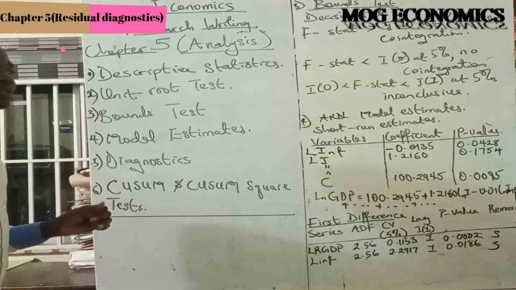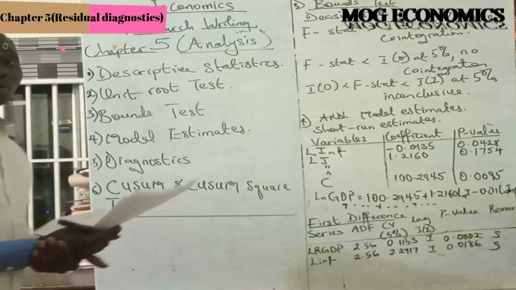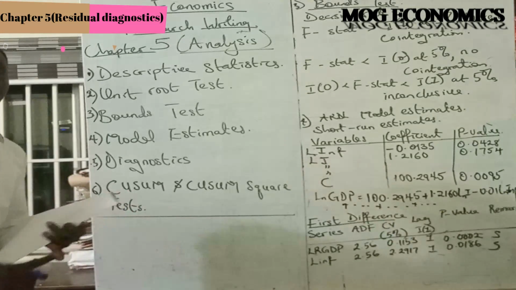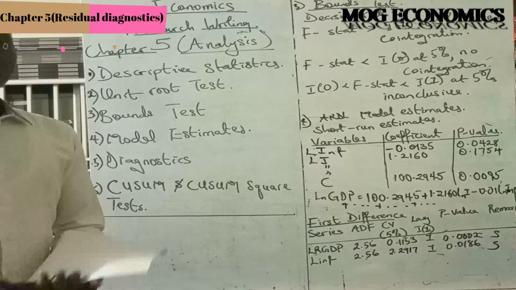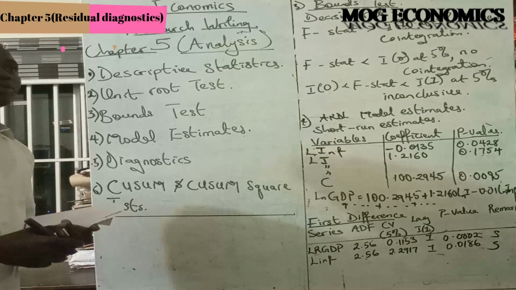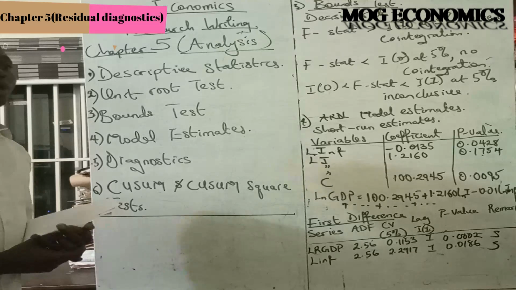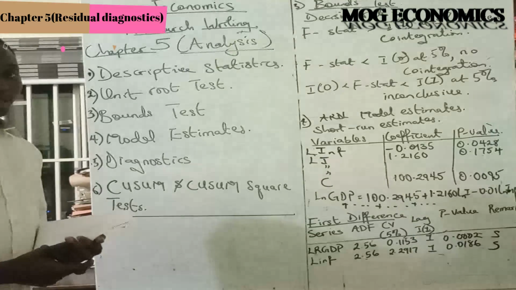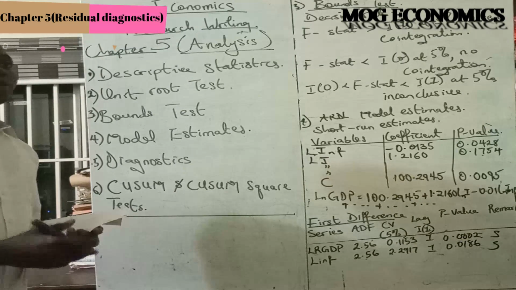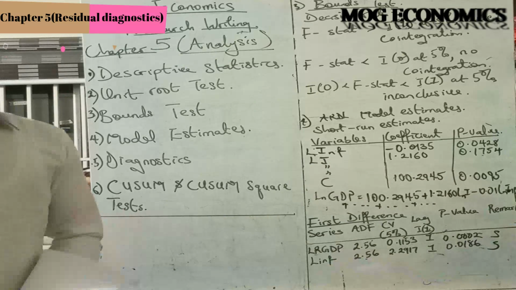Under diagnostics, I really want to talk about the assumptions of OLS. There's the assumption of linearity: your model has to be linear for you to carry out regression. Then your error term has to be stochastic. Then your error terms, or your residuals, have to have a normal distribution.